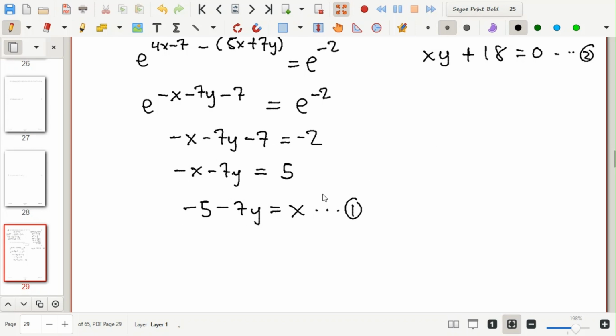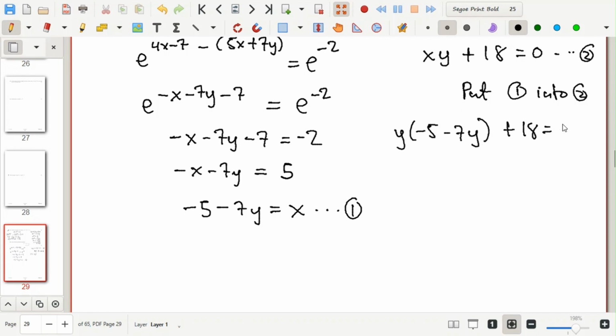So this is your x expression, eh? So I'm going to put 1 into 2. Let's see what that will give me. Times y plus 18 is equal to 0. So this will give me negative 5y. This will give me 7y squared.